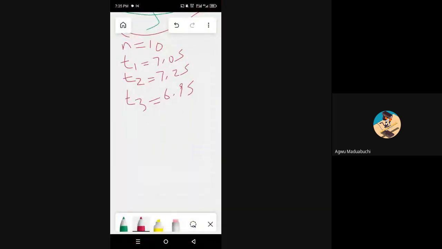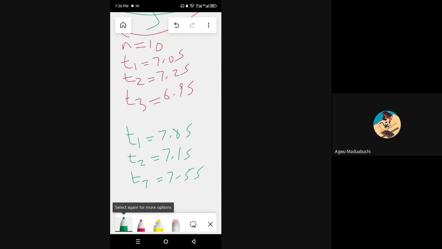Now, let's say another candidate did the same experiment. So T1 is 7.0 seconds, T2 is 7.1 seconds, and T3 is 7.5 seconds. Is this precise?